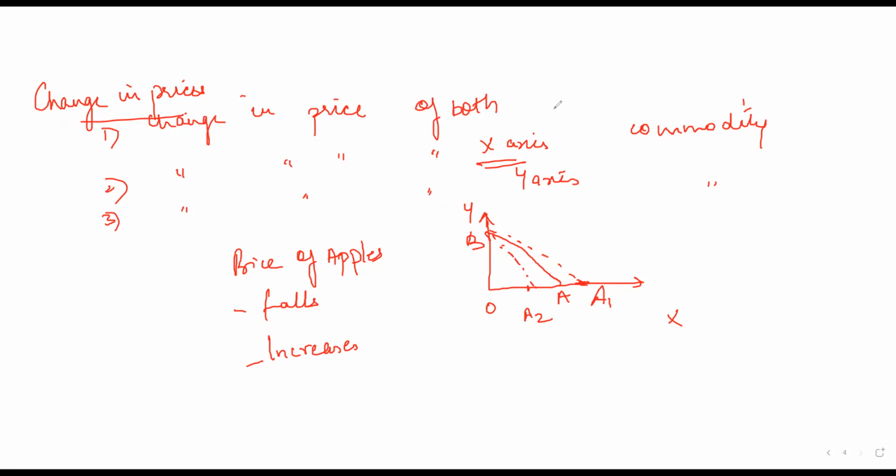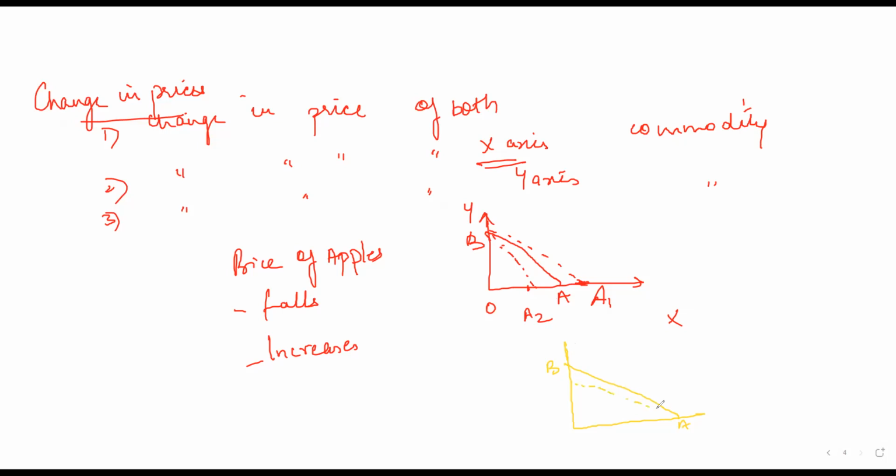Now, what happens if there is a change in the price of bananas and not apples? In that case, let us say the budget line was here previously. Now, if the price of bananas increases, you'll be able to buy fewer bananas.